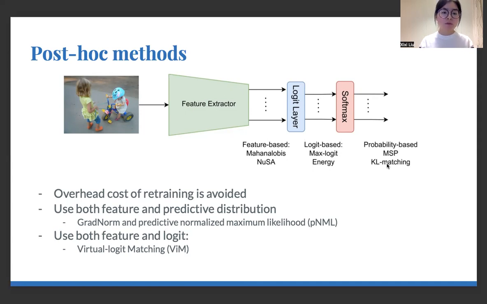The merit of post-hoc methods is that the overhead cost of retraining is avoided. There are also some methods that combine information from the feature and the probability space, such as GradNorm and predictive normalized maximum likelihood. There are also some methods that combine information from the feature and logit, such as virtual logit matching.